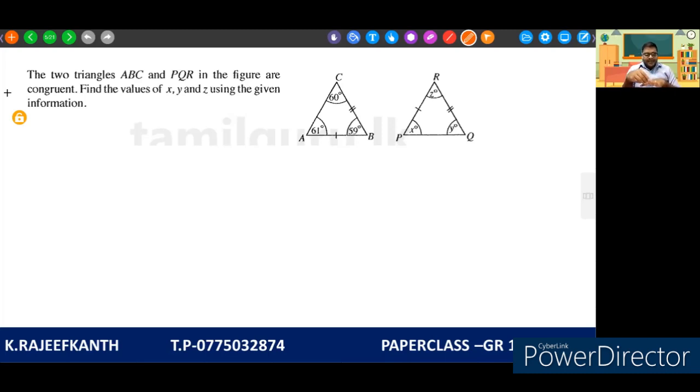So you have to find the value of X, Y, and Z. These two triangles are congruent.